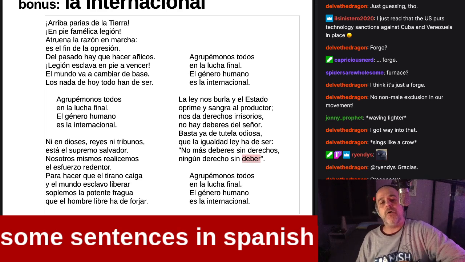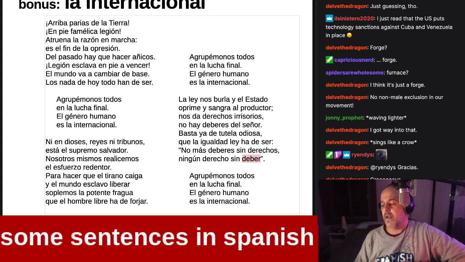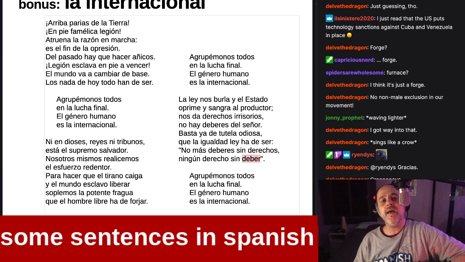Agrupémonos todos en la lucha final. El género humano es la internacional.